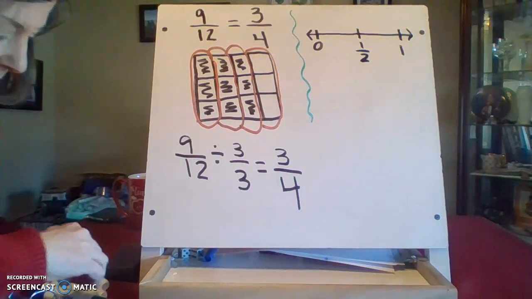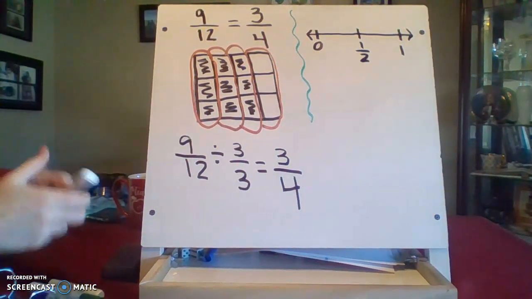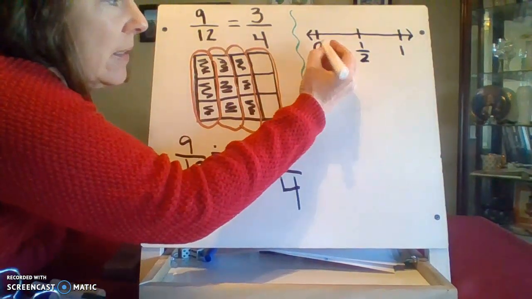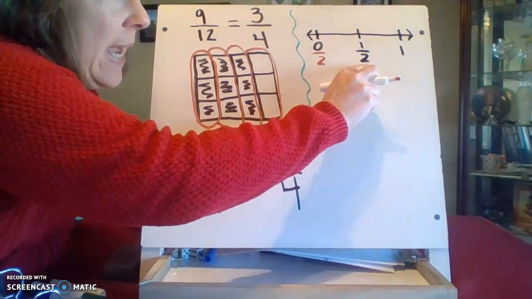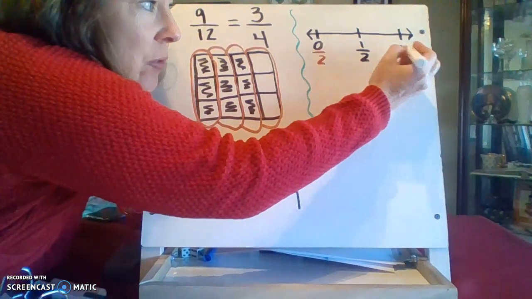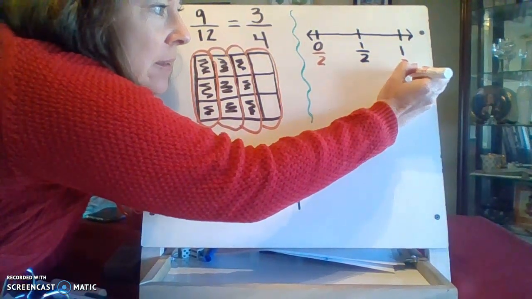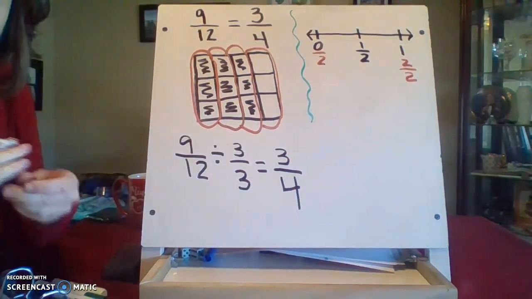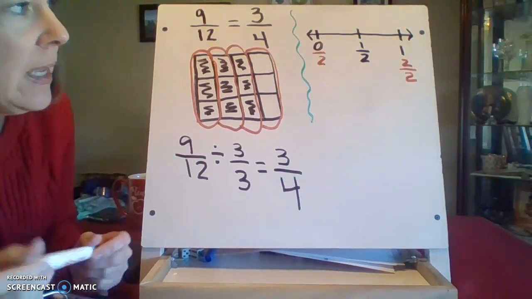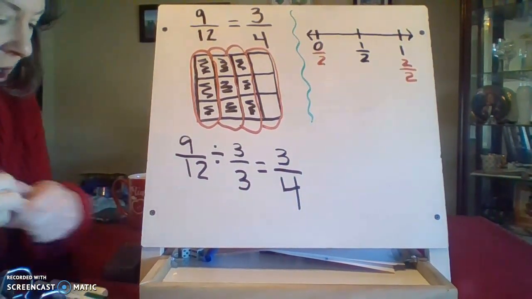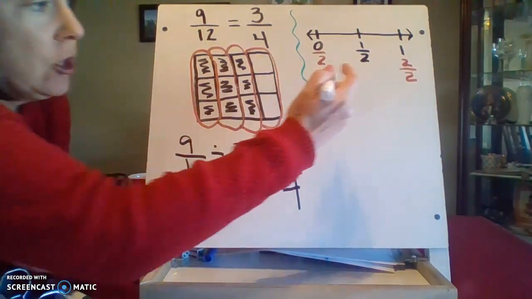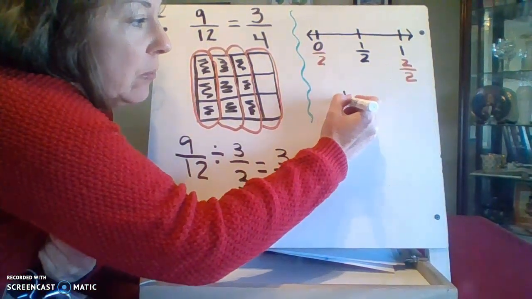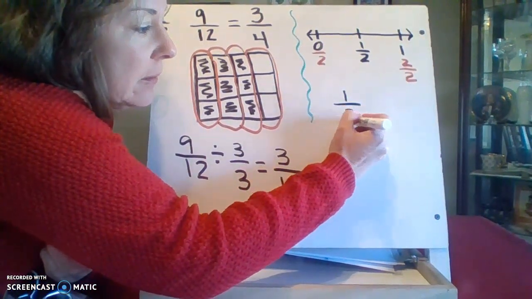So looking at my number line, I have 0 halves, 1/2, and this is actually 2/2. But I want to show that 1/2 is equivalent to something different, but with smaller pieces.